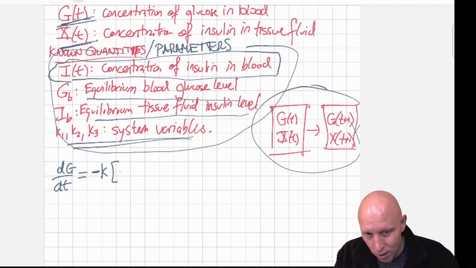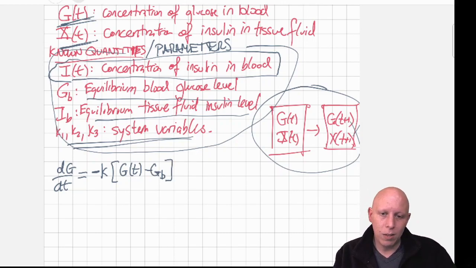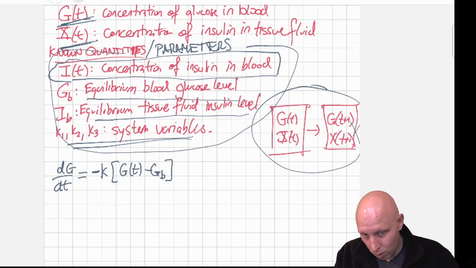If we compare the glucose G of t minus Gb, the current glucose level with the base level, the glucose wants to get back to that base level. So glucose wants to revert to its base level.